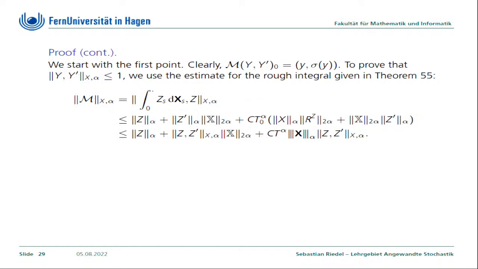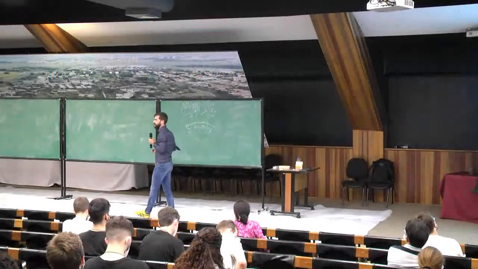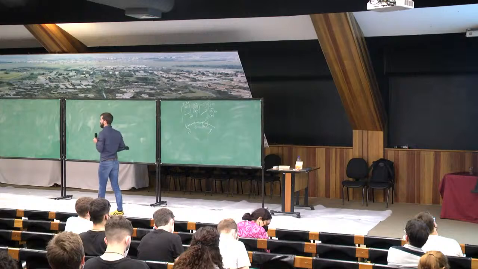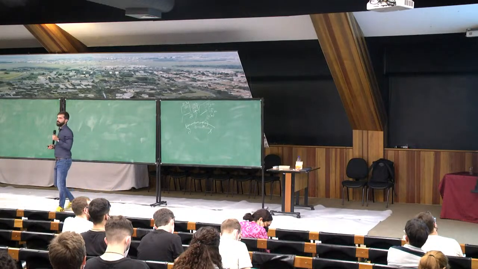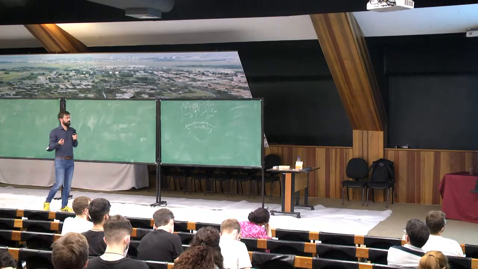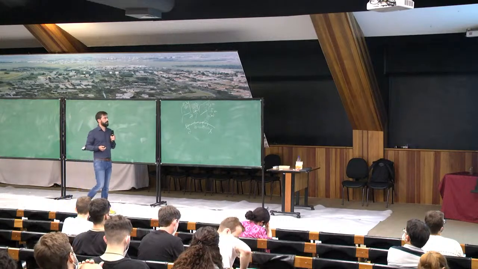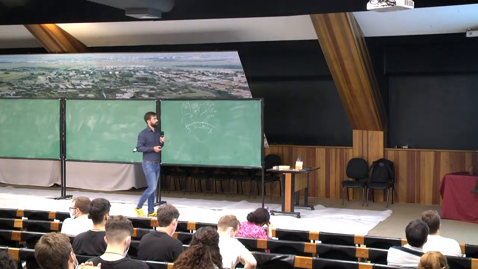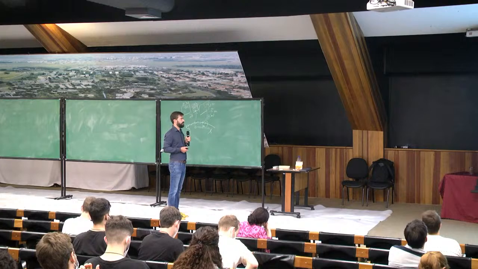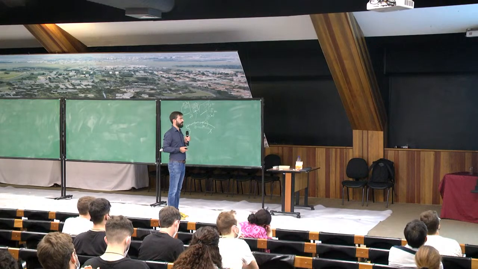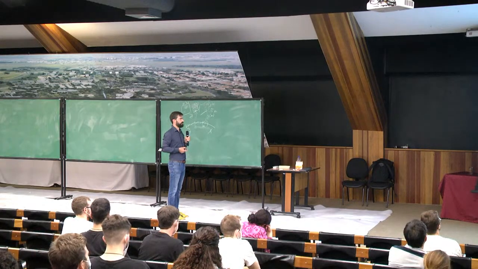And for doing that, remember how we did that for the Young equation? We used the estimate for the Young integral. And now we have to use the corresponding estimate for the rough integral. So for the rough integral, in Theorem 55, we exactly had this estimate here.